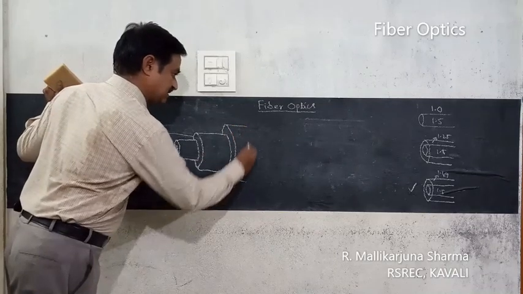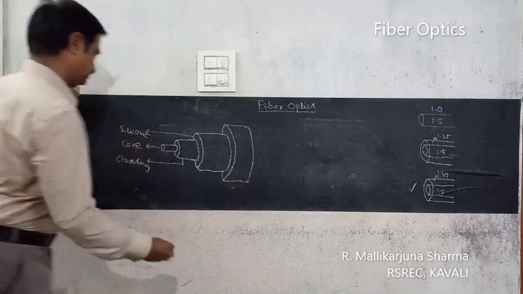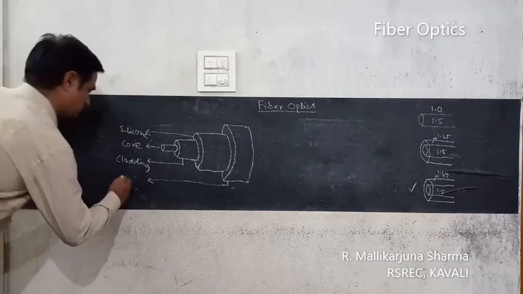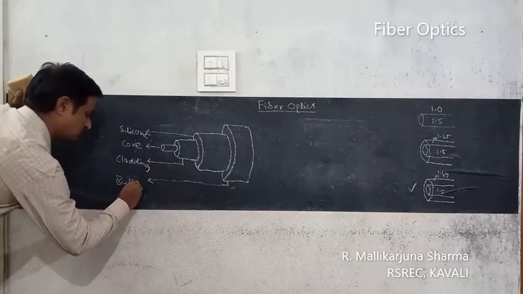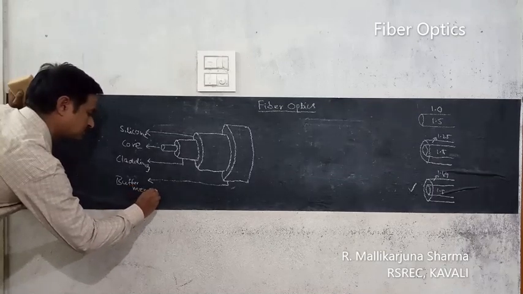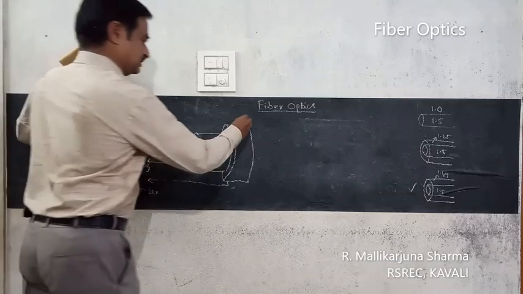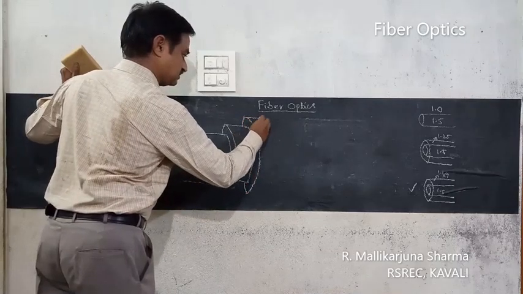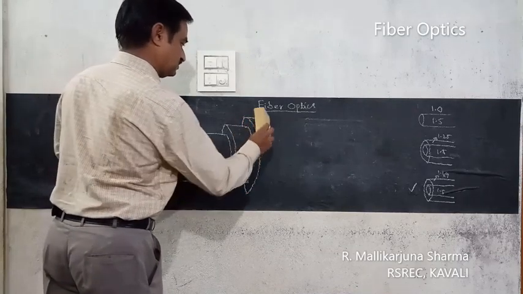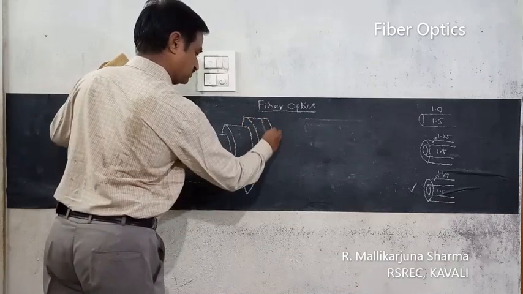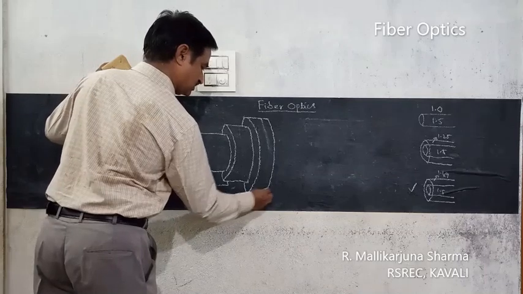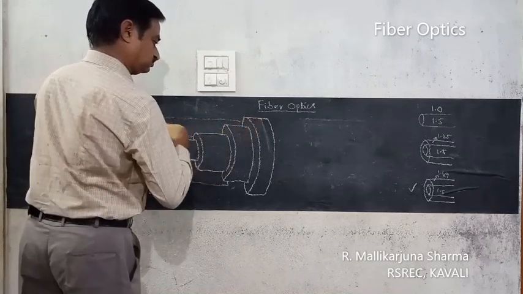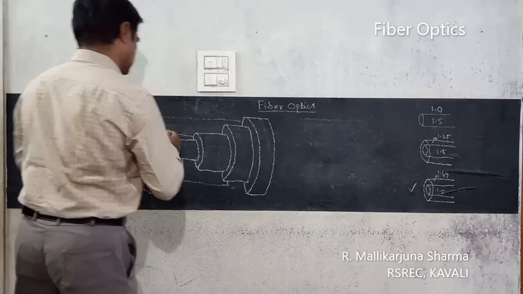Next one is the buffer layer, the buffer member. Next one is the strength member.